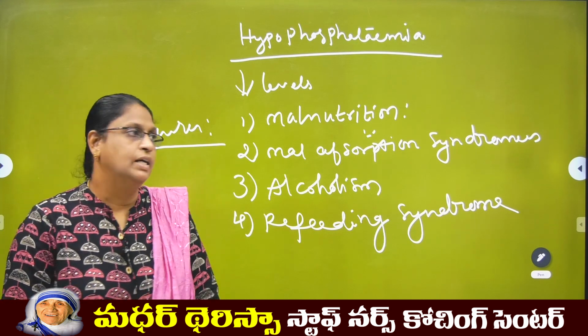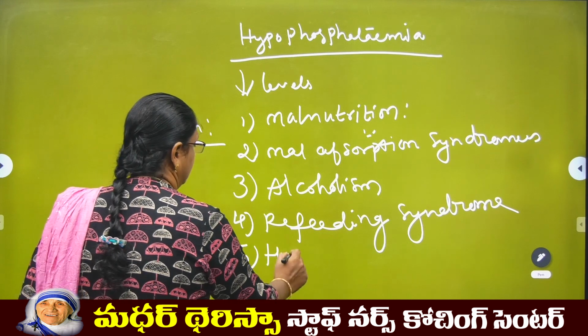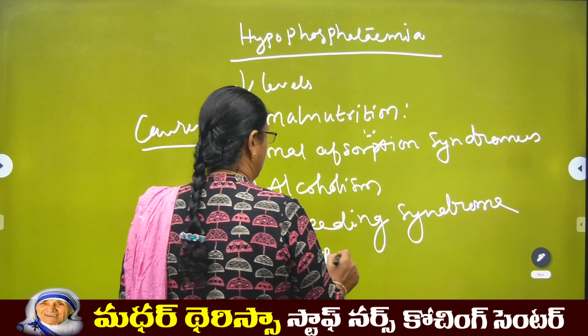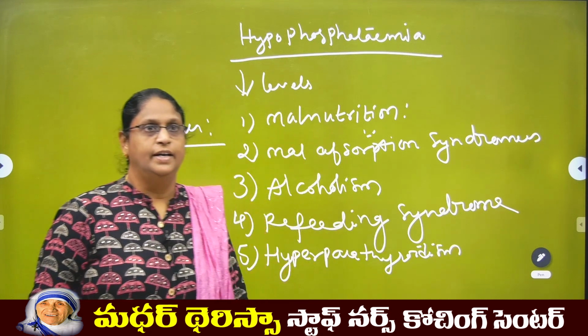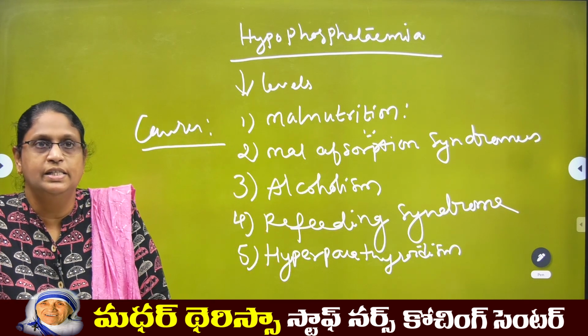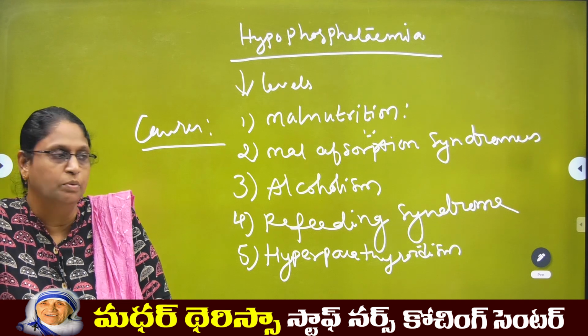And hyperparathyroidism. Number five is hyperparathyroidism. Here there is increased renal phosphate excretion due to increased parathyroid hormone.